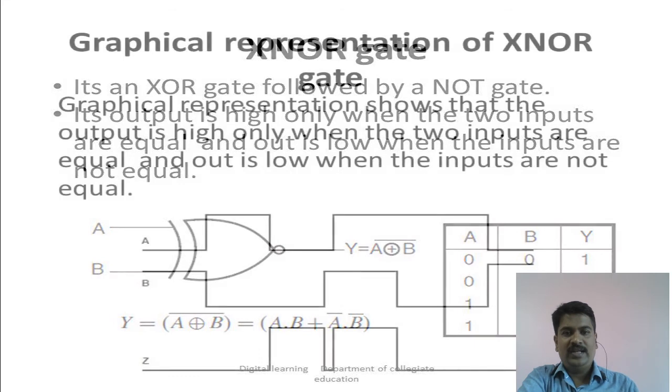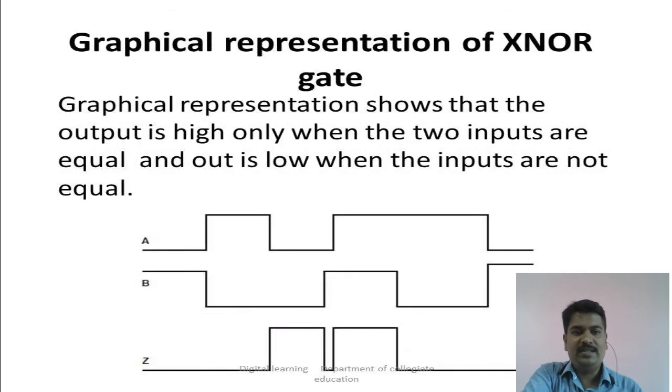We move on to the last part, which is the graphical representation of the XNOR gate. Exactly how we did with the XOR gate, we have a graphical picture which represents the input and the output of the XNOR gate. Here this shows the first combination. Here A is 0 and B is 1.